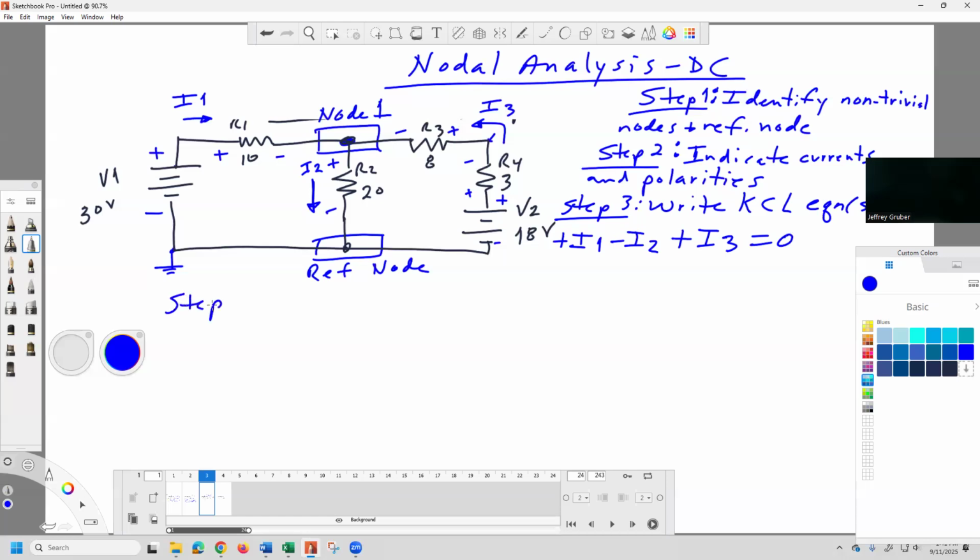Step 4. Write KVL equations for each branch. So I have a branch here.